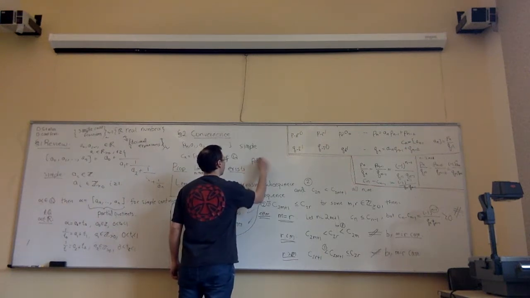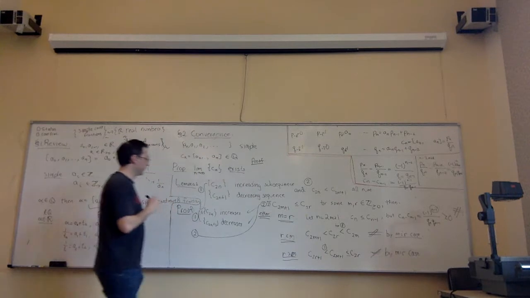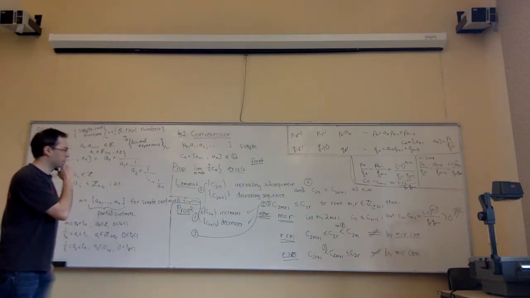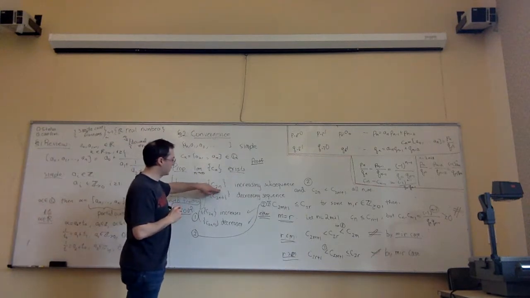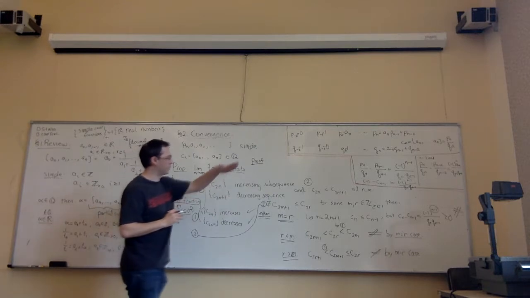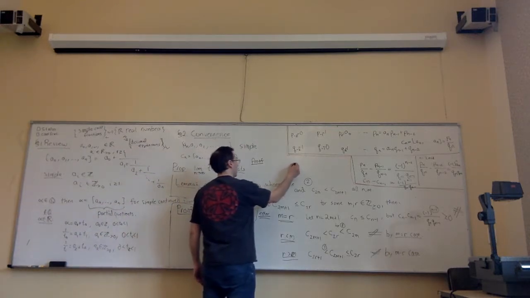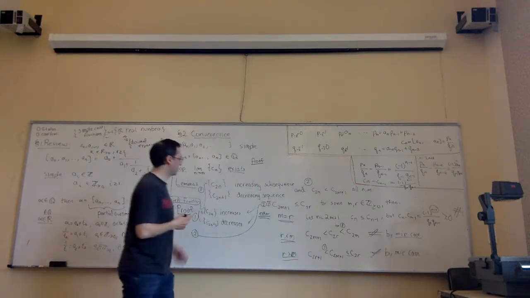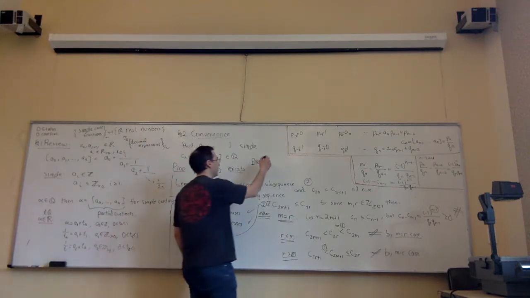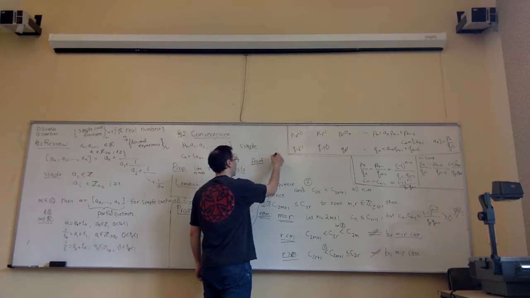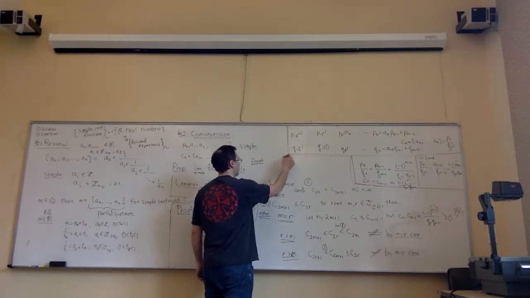Proof. So we have the subsequence c sub 2n of even ones, and it's getting bigger and bigger. So here's what the even ones are looking like. And then we have the subsequence of odd indexed ones, and they're getting smaller and smaller every time.